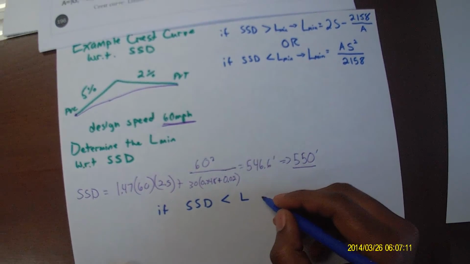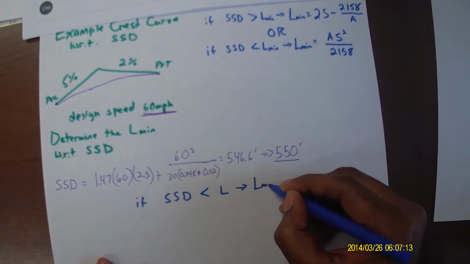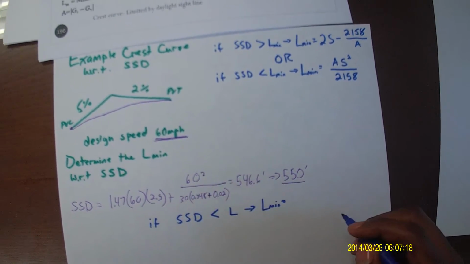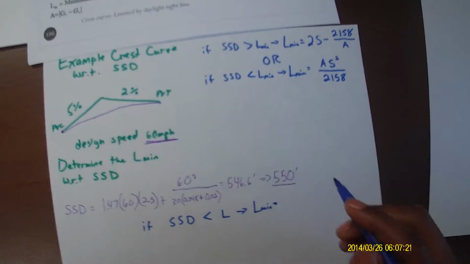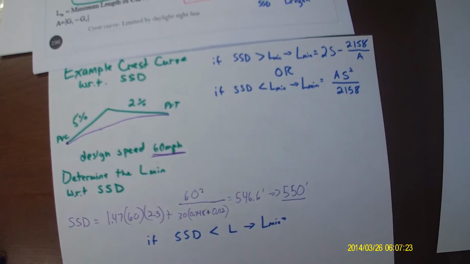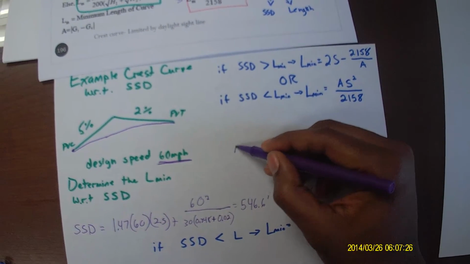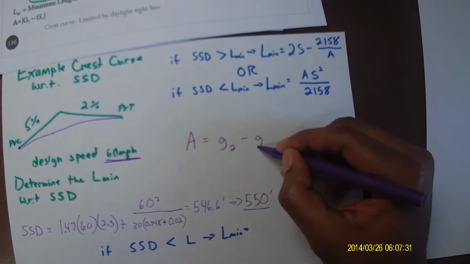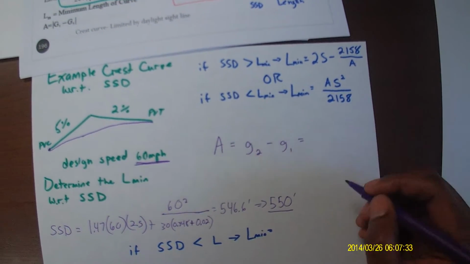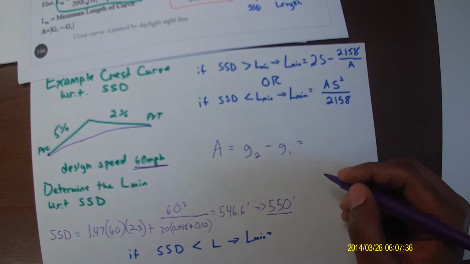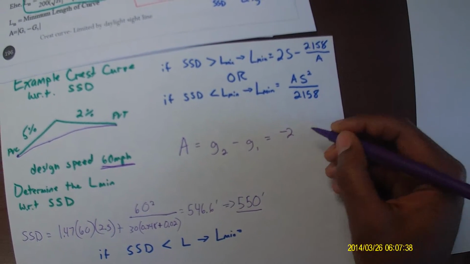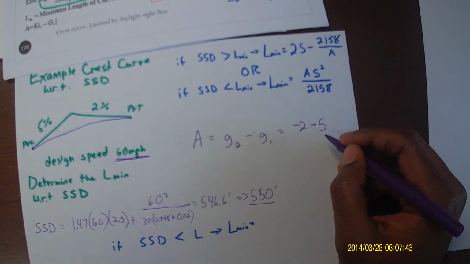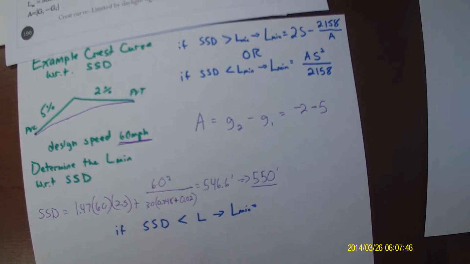That means that my L min is going to be equal to the algebraic difference of the grades. Wait a second, let's figure that out first because sometimes that can get us a little bit mixed up. So A is going to be equal to G2 minus G1, which in this case is equal to -2 minus 5.